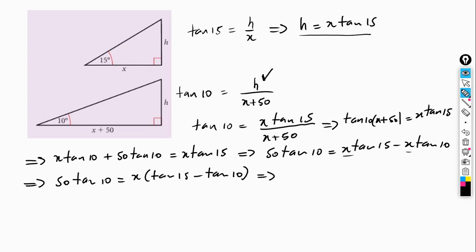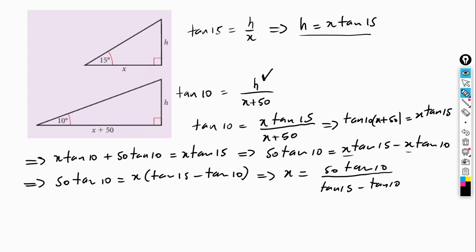And then finally we have that x is equal to 50 tangent 10 over tangent 15 minus tangent 10. Okay, one thing we don't want to do is to calculate this yet. You want to carry exact numbers until the very end, okay? Now, what do I mean by that?